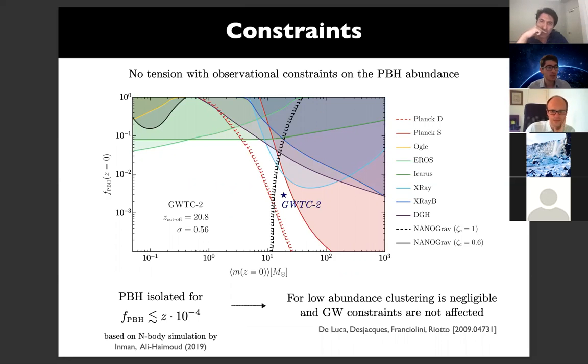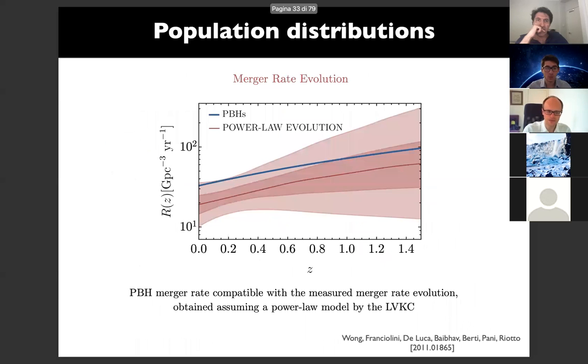If you consider, for example, 3G gravitational wave experiments, there you will be able to study the mergers of primordial black holes at higher redshift. If you don't see anything there, it may change things, since we have a clear prediction for the primordial black hole merger rate with redshift, which is given by this line here.